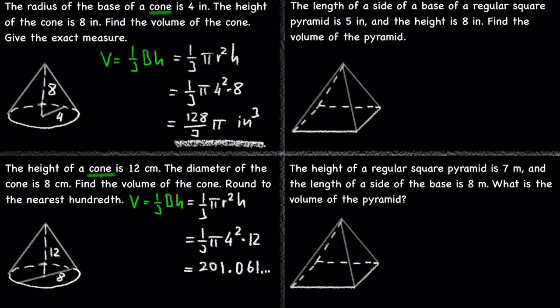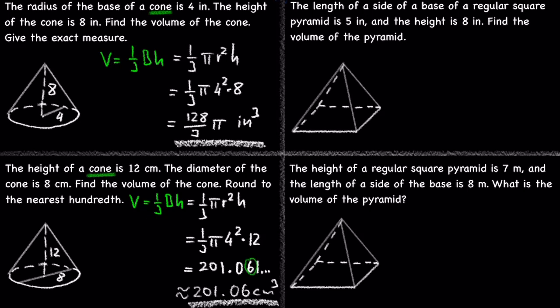The hundredths place is here, so the volume of this cone is approximately 201.06 cubic centimeters.